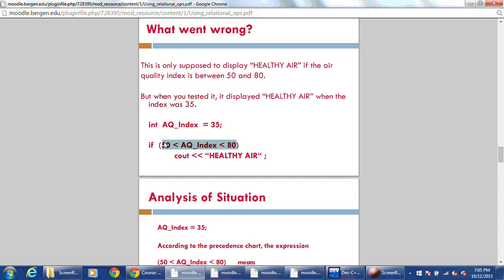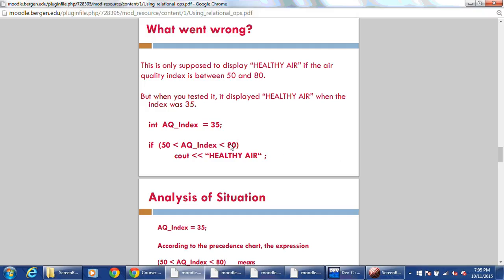When you're trying to compare two values, you usually have to repeat the condition. In this particular case, this is written incorrectly. What this is saying is if AQ index is greater than 50, or 50 is less than AQ index, and AQ index has to be less than 80.